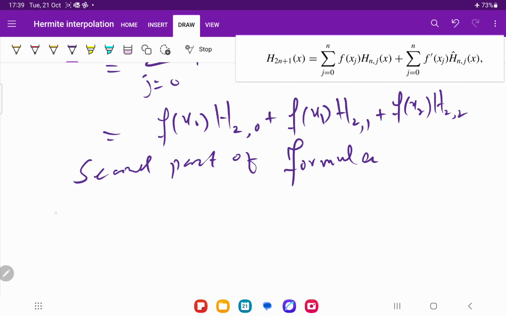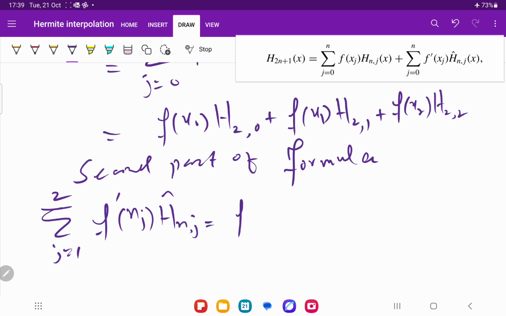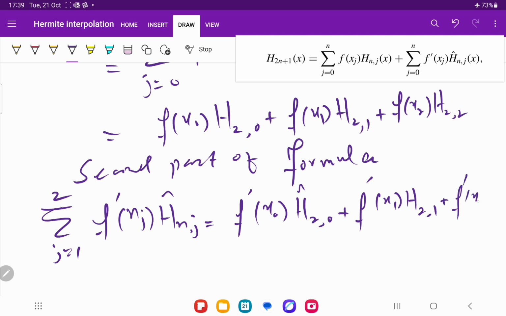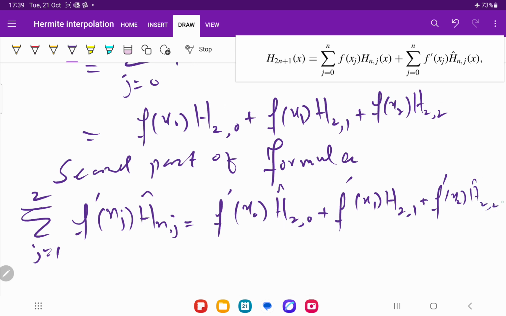It is written as summation j is equal to 0 to 2 of f dash of xj h hat n j, which is f dash of x naught h hat 2 0 plus f dash of x1 h hat 2 1 plus f dash of x2 h hat 2 2.